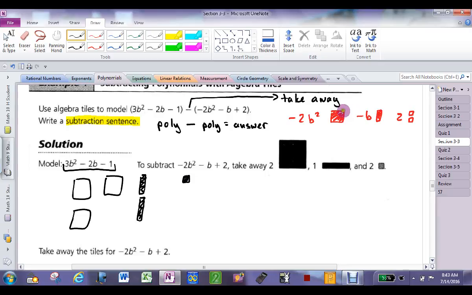Now, the question says I have to take away 2 big black ones. Do they exist? Where? Where do you see 2 big shaded boxes to take away? Are they there? No. So what I have to do is I have to add 0 pairs.